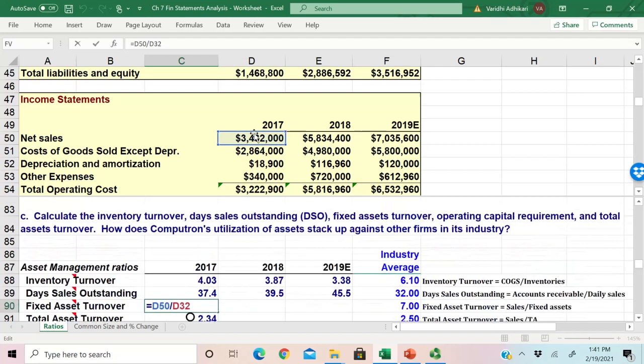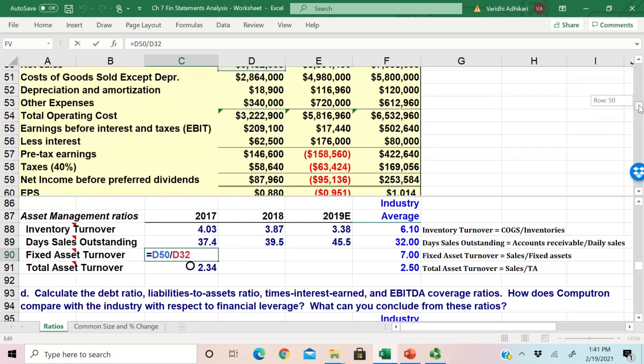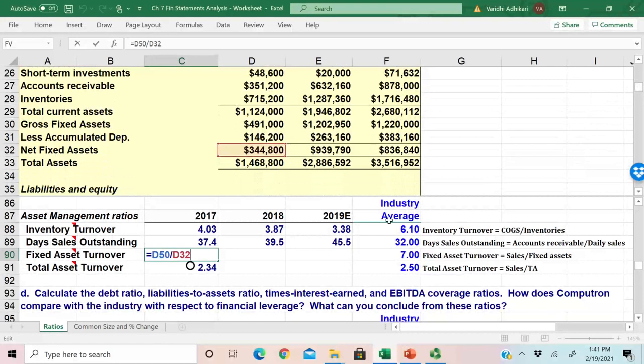The total fixed assets, mainly property, plant, and equipment, come from the balance sheet as net fixed assets. Total asset turnover has to do with all kinds of assets: sales divided by total assets, which will be this number.